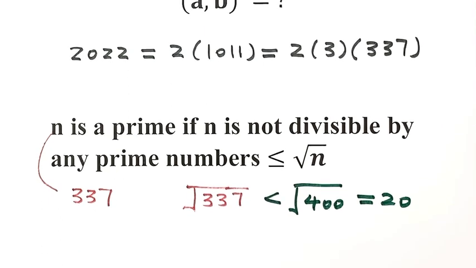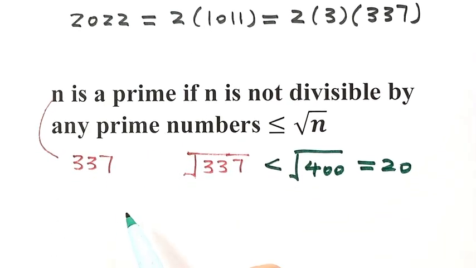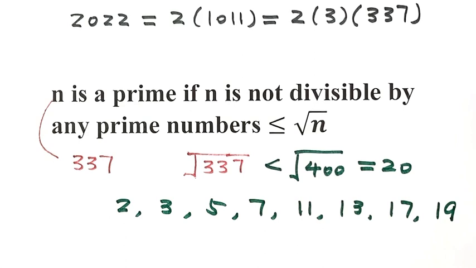Okay, so now let's list all the prime numbers less than 20. They are 2, 3, 5, 7, 11, 13, 17, 19.